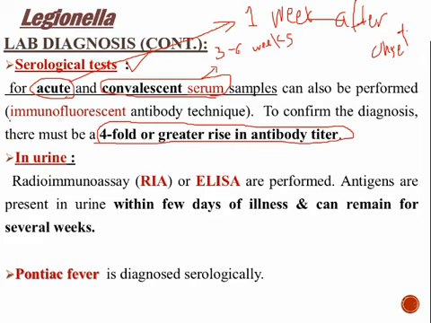Here they use an immunofluorescence antibody staining technique. We previously determined the antibody titer in Brucella using the dilution technique, using agglutination. Here we use another technique to determine the titer using immunofluorescence.